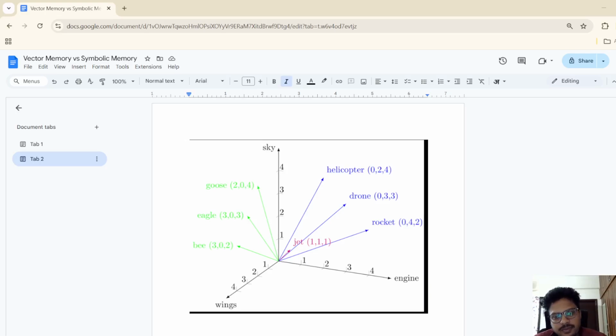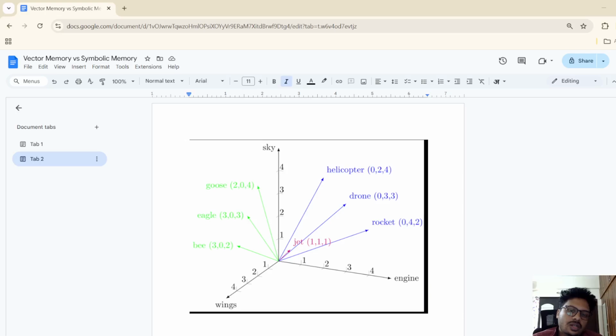It uses maths and embedding, learns from data, is very flexible, a modern AI system. Simple difference: symbolic memory asks, is this exactly true? Vector memory asks, how similar is this, based on that number.